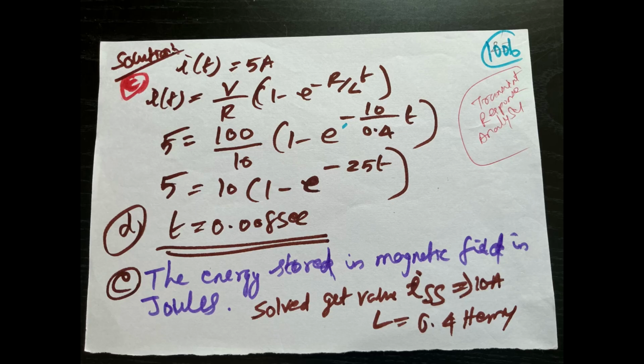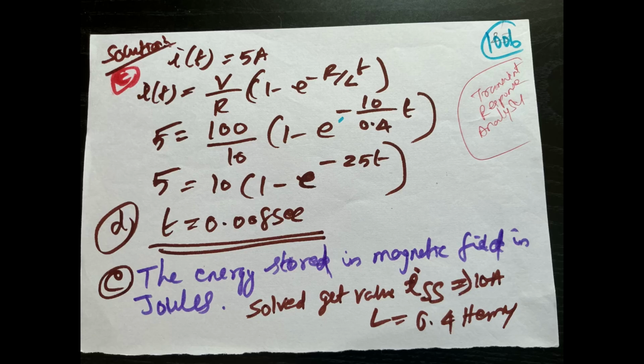We derived the total response: V divided by R into the bracket of 1 minus e power minus R divided by L into t. We already explained this in previous classes. Putting in the values, i(t) is 5 ampere, V is 100, R is 10, so 1 minus e power minus 10 divided by 0.4 into t.